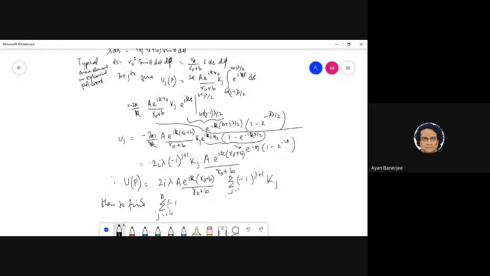So basically you can understand how this will come. This is just going as simple, right? This is k1 minus k2 plus k3 minus k4, and so on, which is basically the sum of plus minus 1 to the power n kn, right?